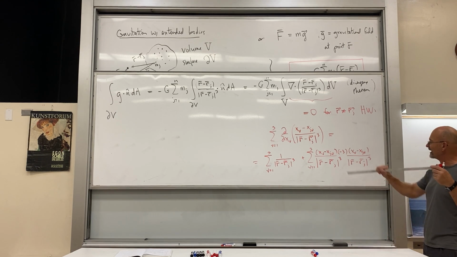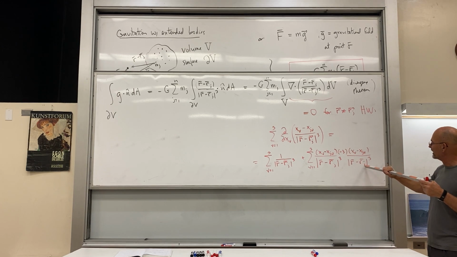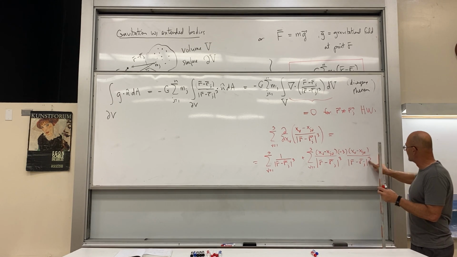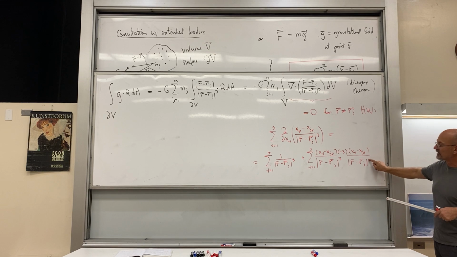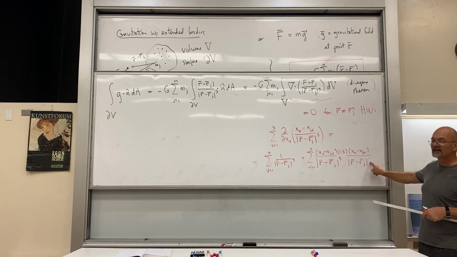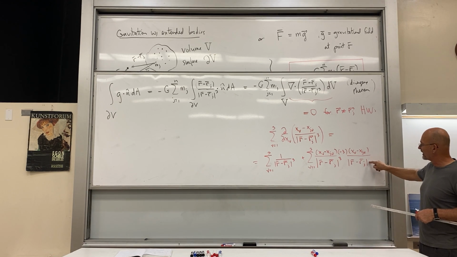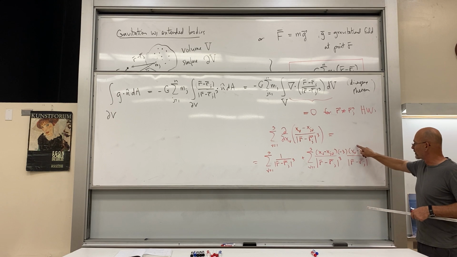So in the numerator, I'm getting this magnitude squared. That was wrong, that was supposed to be a first power. Getting it squared in the numerator and to the fourth power in the denominator. So that's squared over fourth.